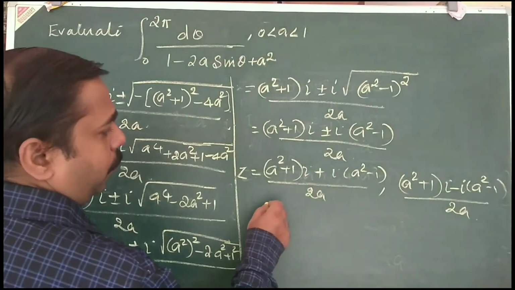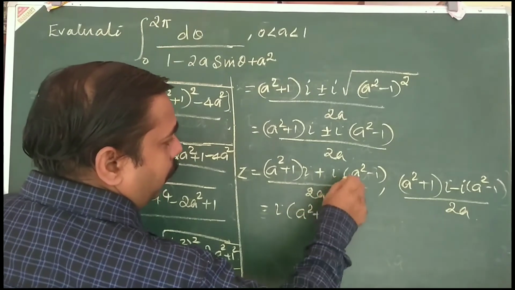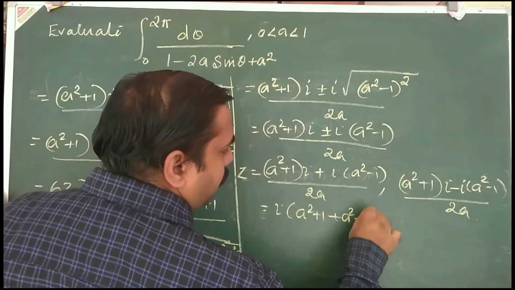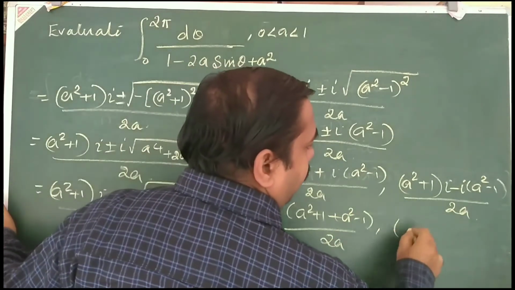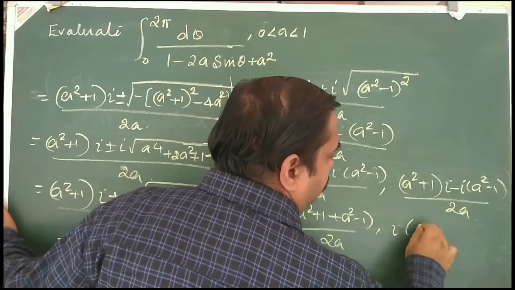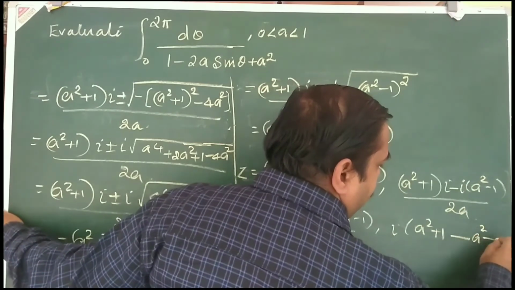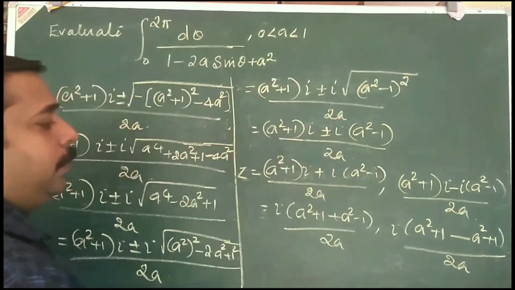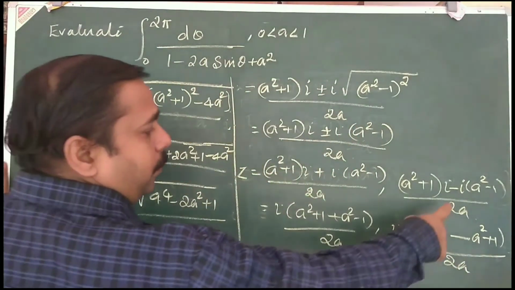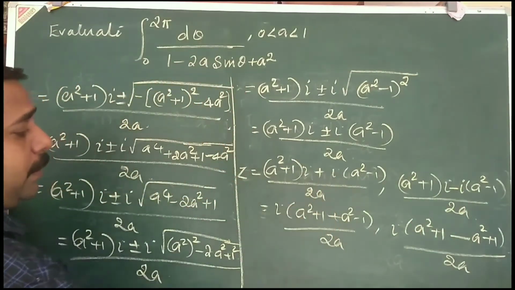So this is equal to i into ((a² + 1) + (a² − 1)) divided by 2a, then i into ((a² + 1) − (a² + 1)) divided by 2a. Because these two terms contain i, we can take i outside. Here also the same.